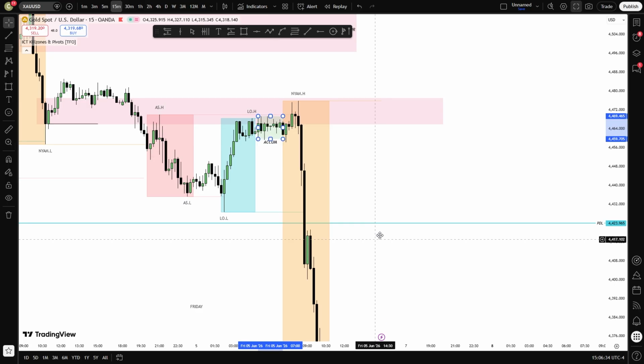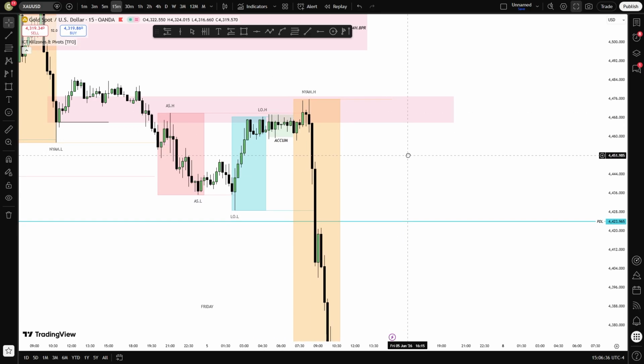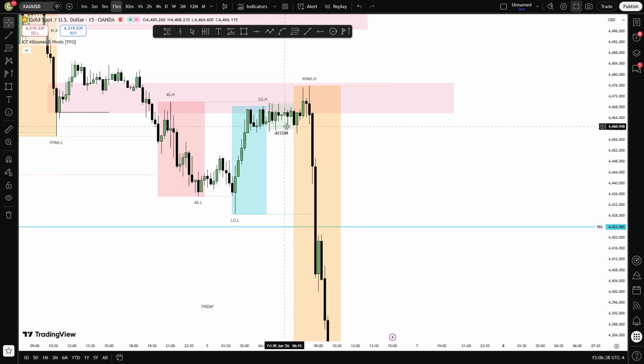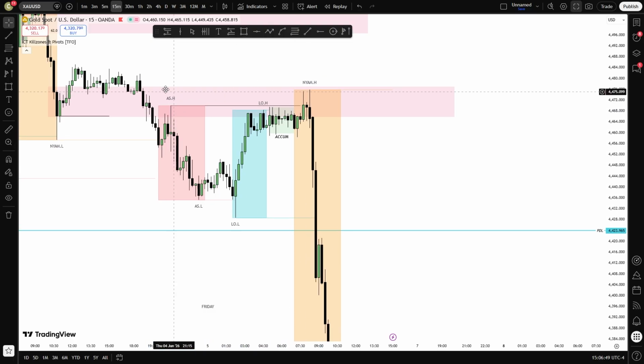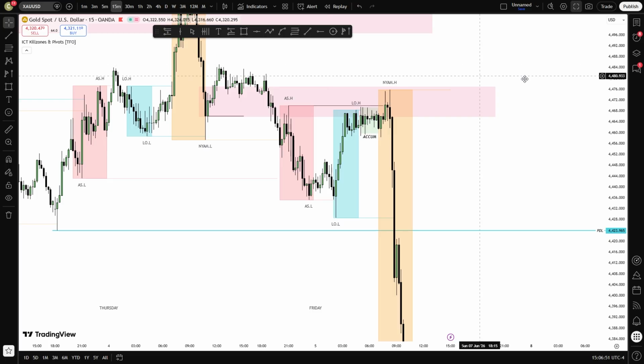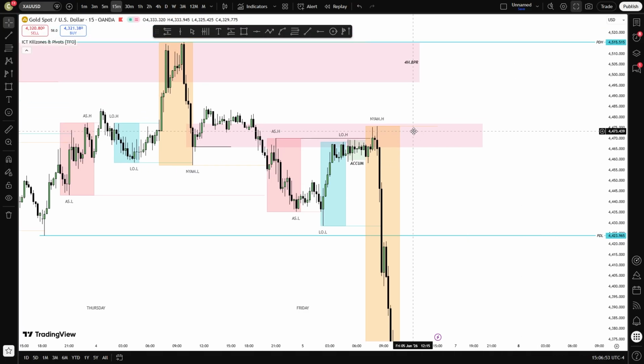Then we had this high, took the buy side liquidity of Asia, sweeping it, and reacted from a zone that was very important.